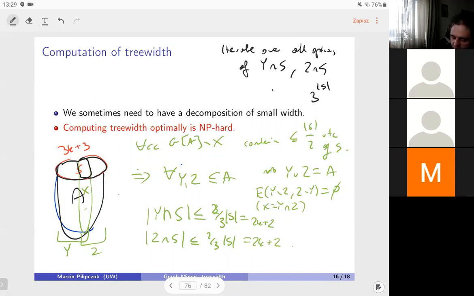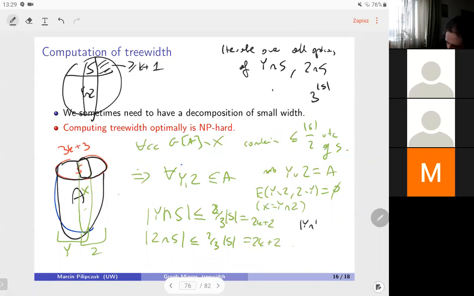If I look at Y intersection Z, there are at most k plus 1 vertices because this is the separator.